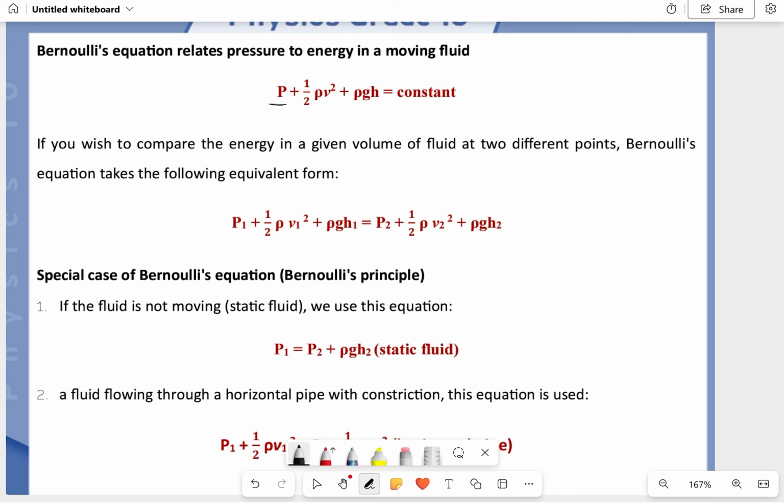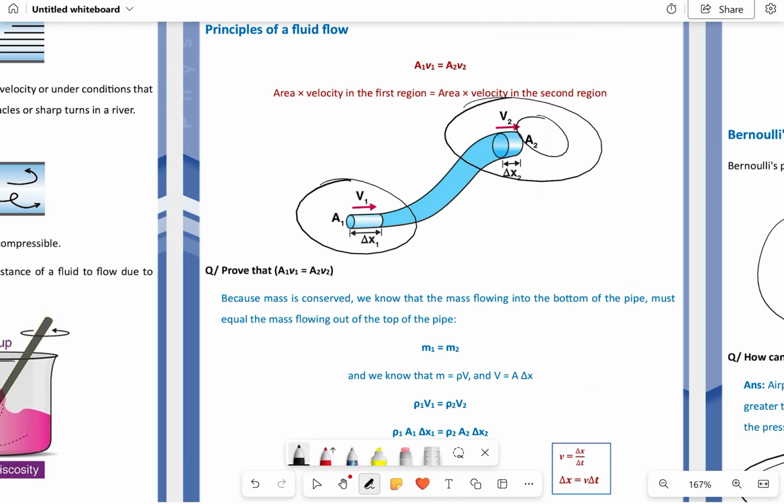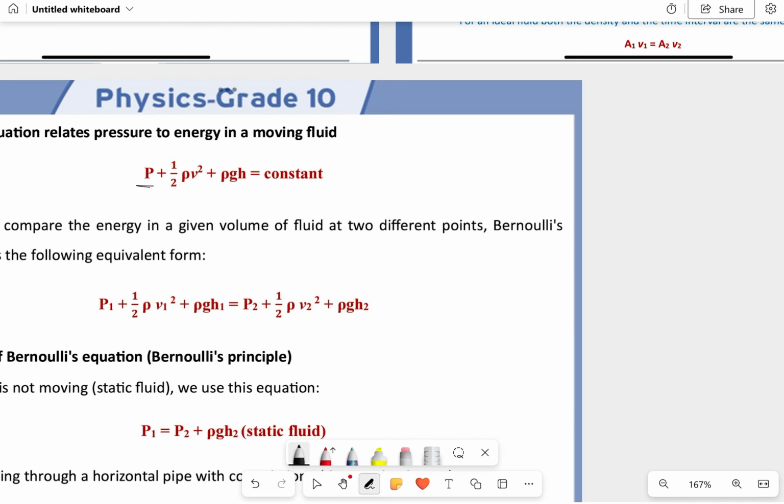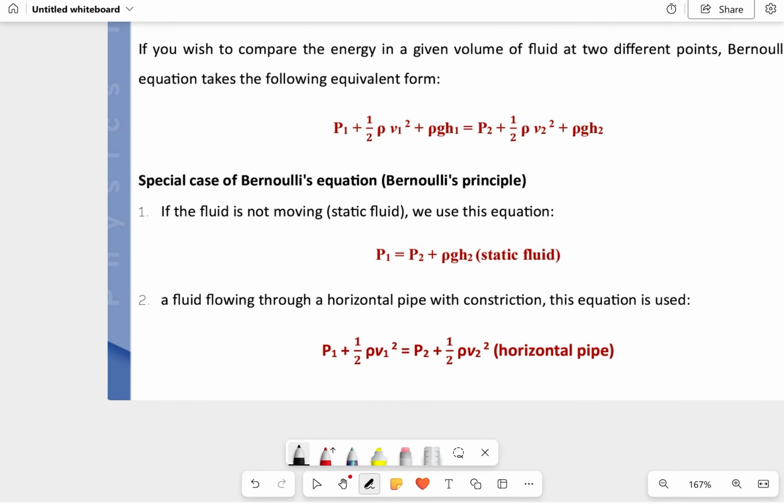If you are comparing 2 points, let's say point 1 and point 2, you're going to use this equation: P1 plus 1 over 2 rho v1 squared plus rho gh1. This is the height, the first height, by the way. Then you have P2 plus 1 over 2 rho v2 squared plus rho gh2. This is the second height, okay?